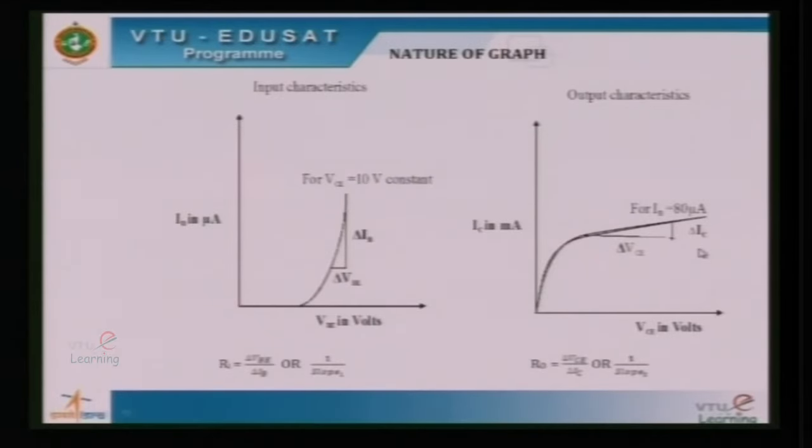Here the slope is determined, the reciprocal of the slope will give you the output resistance of the transistor, which will be in the order of 2 to 5 kilo ohms. So, from the results it is clear that input resistance is of the order of 500 ohms, whereas the output resistance is in the range of 2 kilo ohms, ensuring the amplification.